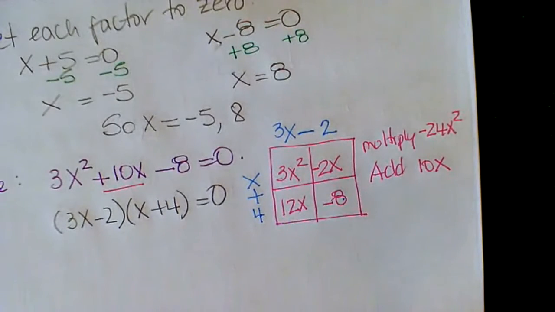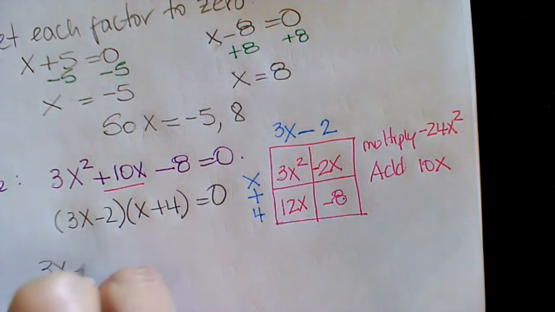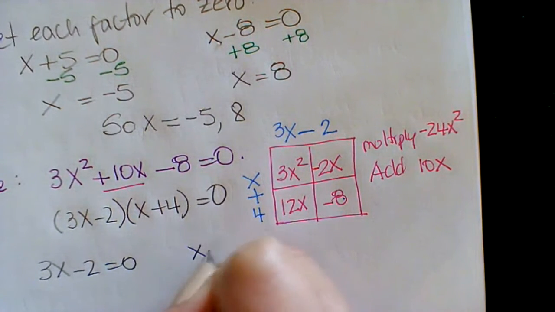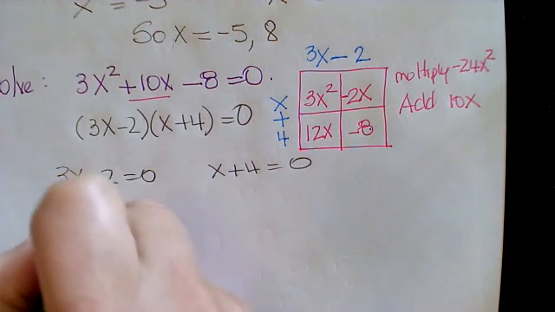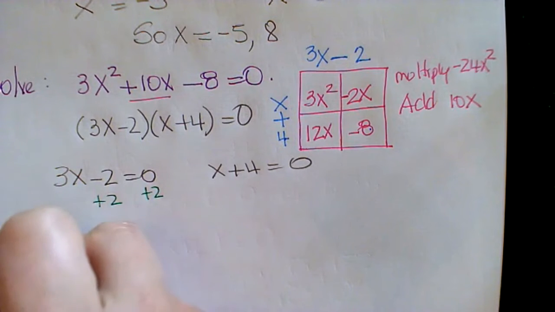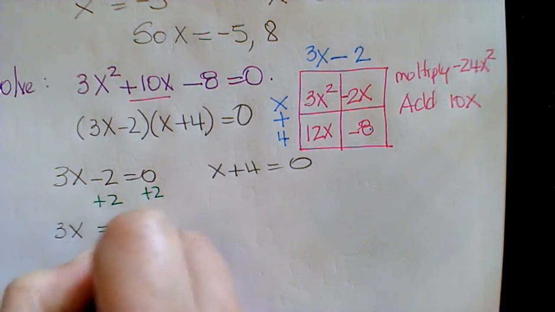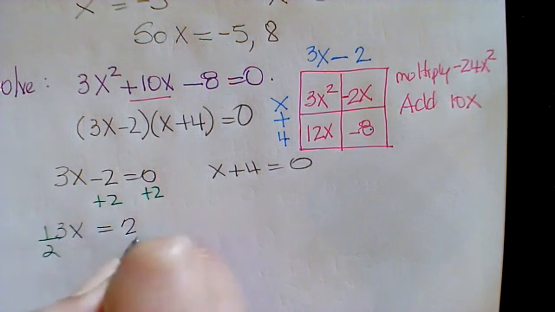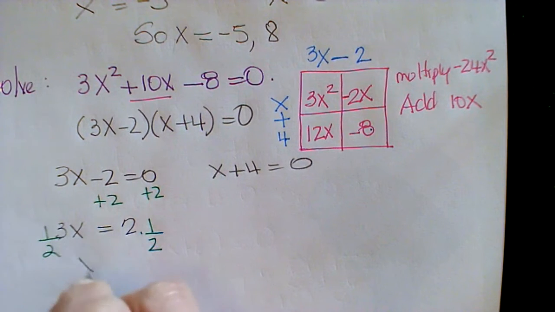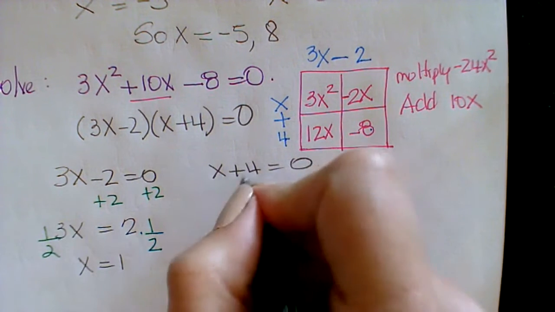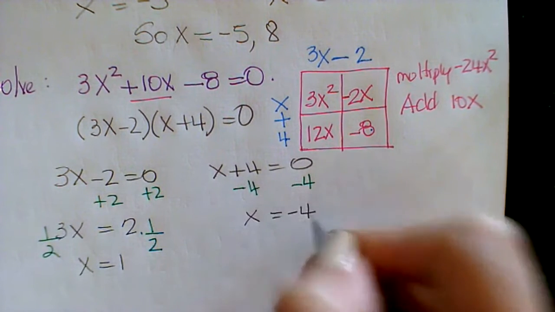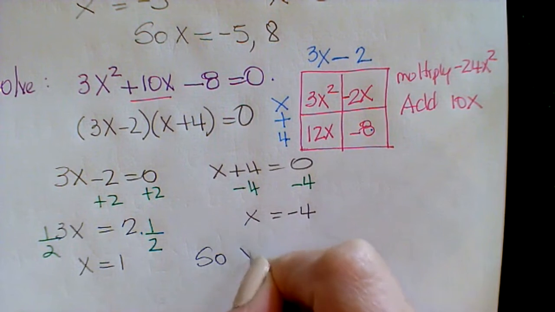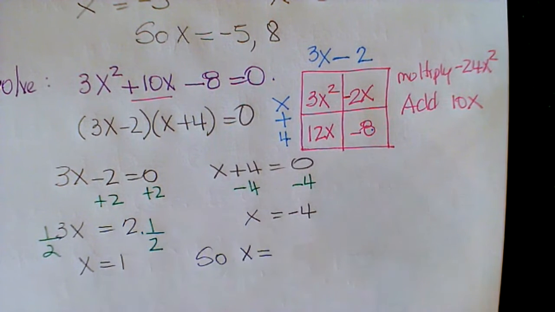Now I'm going to set each factor to 0. So 3x minus 2 is equal to 0 and x plus 4 is equal to 0. I need to make a 0, so this is going to be 3x equals 2. Now I'm going to make a 1, so this is going to be x equals 2 over 3. Oh, I'm sorry, this is 3, and this is 3. Let's make a 0 on this side, and we have x equals negative 4.